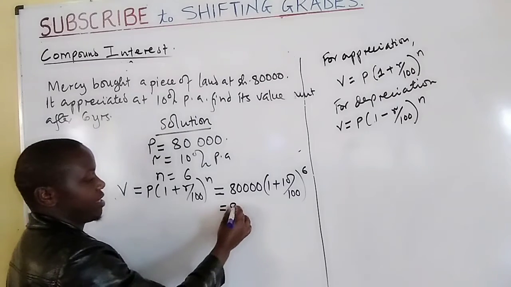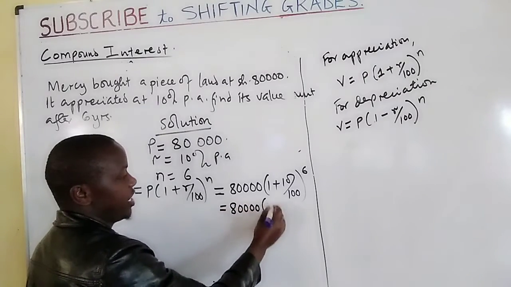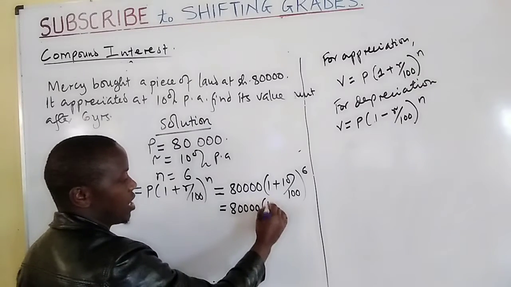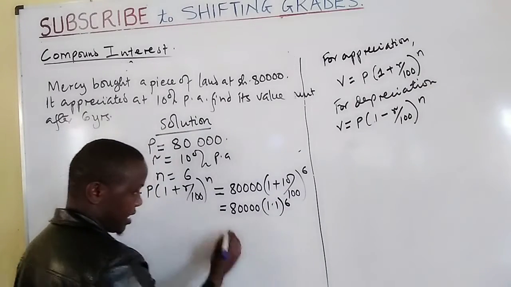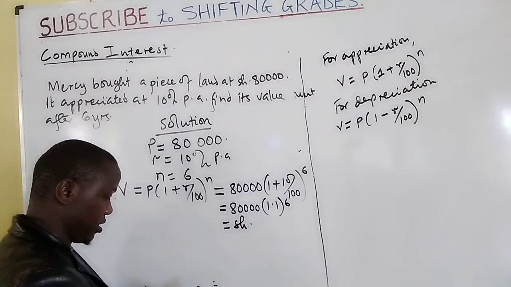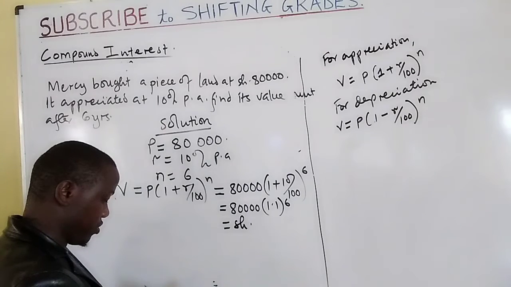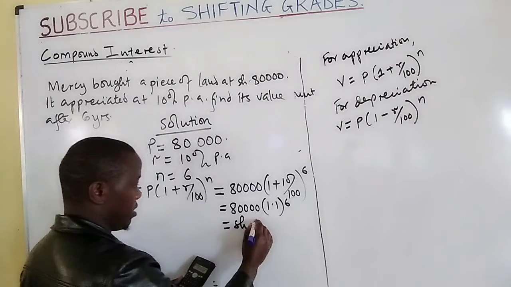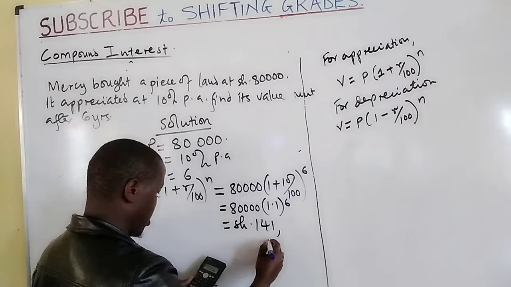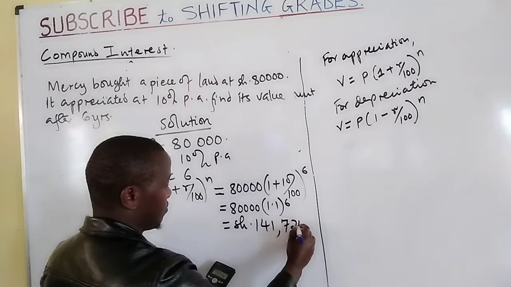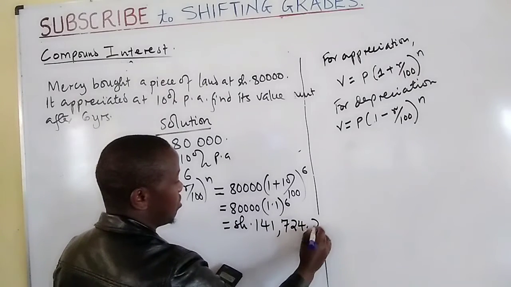So this will be 80,000 into 10 over 100, which is 0.1, plus 1, 1.1 raised to 6. So this becomes 80,000 into 1.1 raised to power 6. So this becomes 141,724.90, or 90 cents.